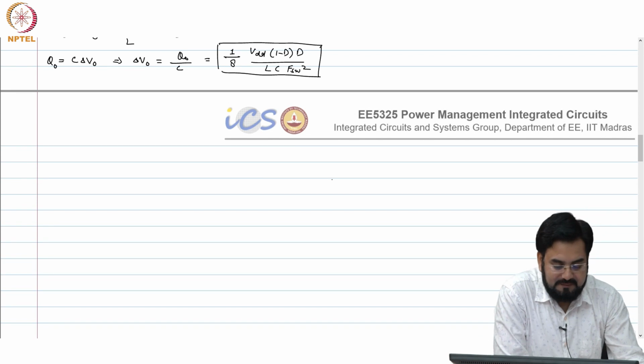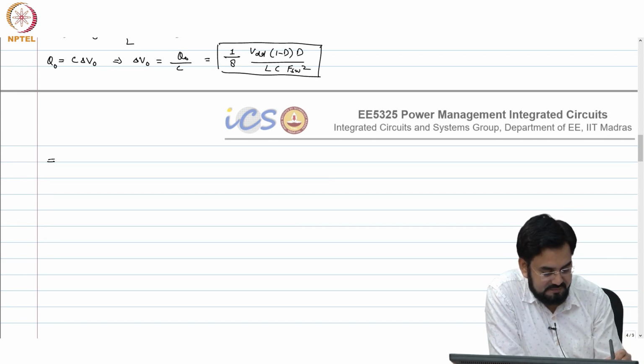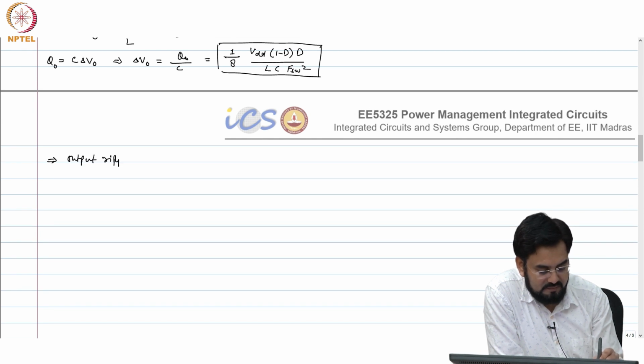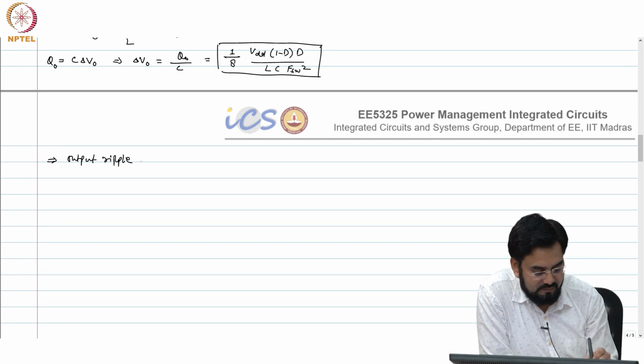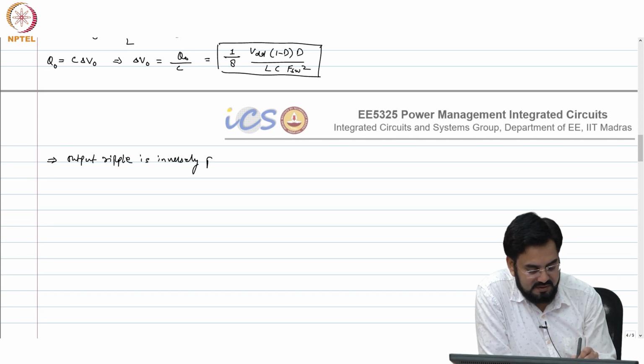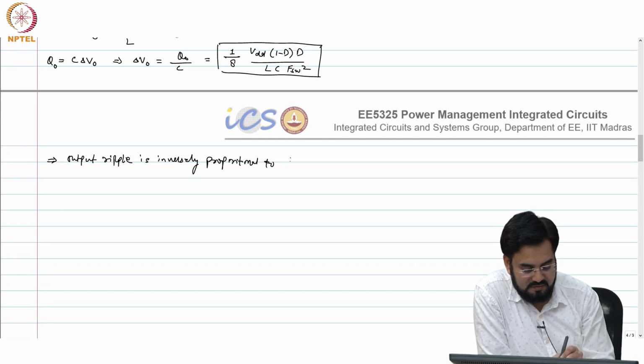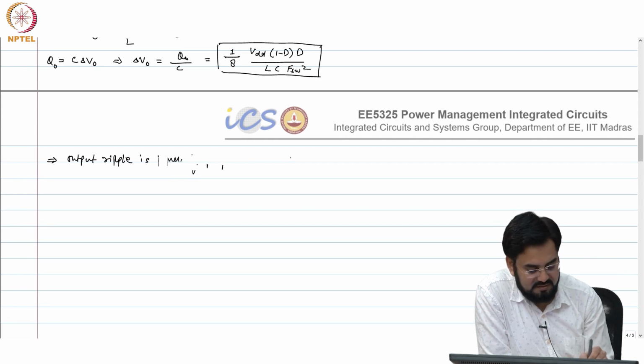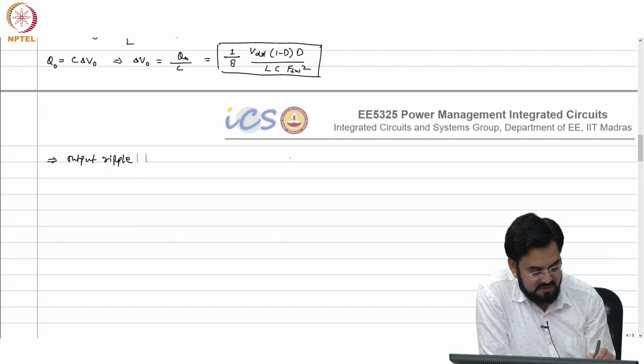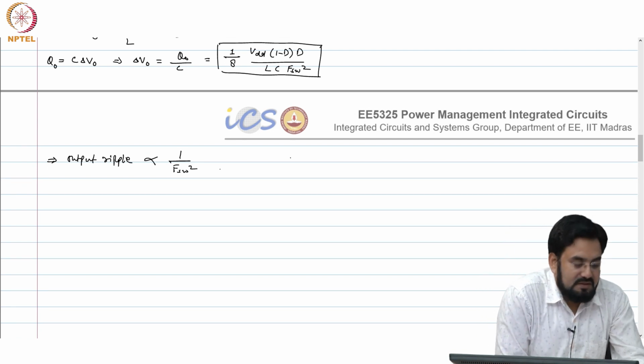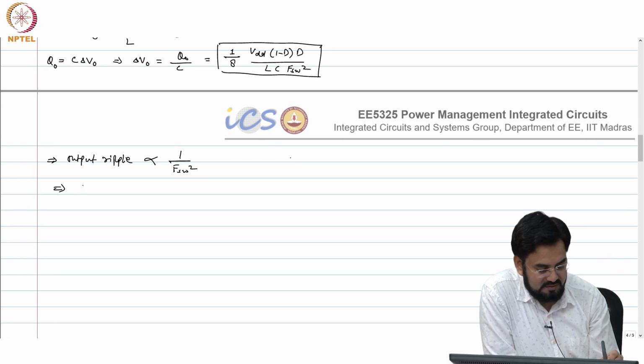So, what does it mean? Which means output ripple is inversely proportional to, or let me write this in short, and this is also.